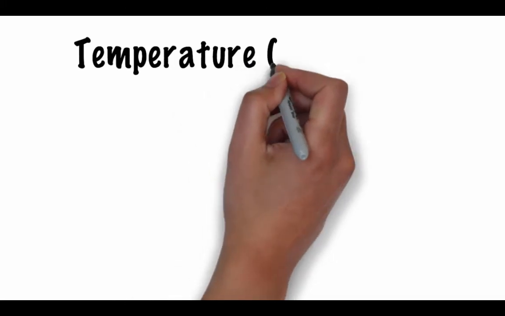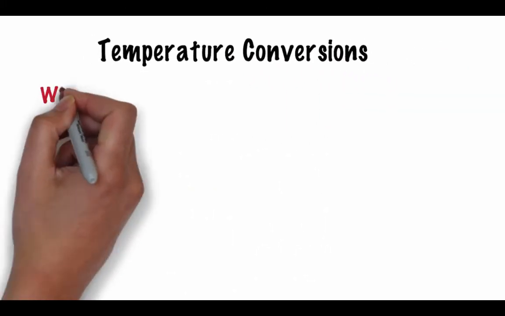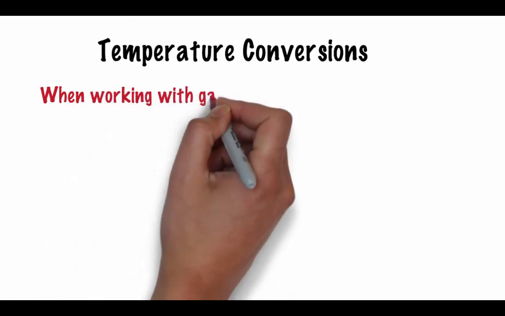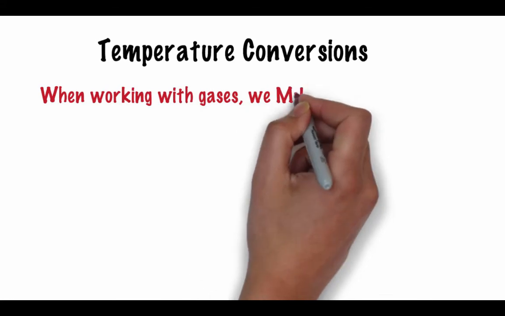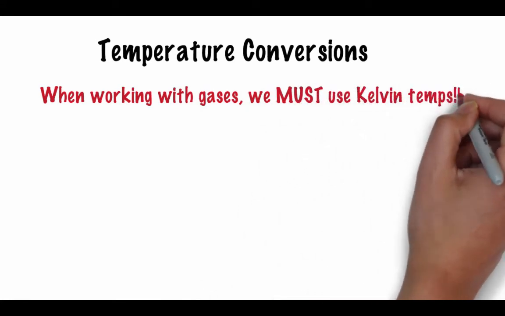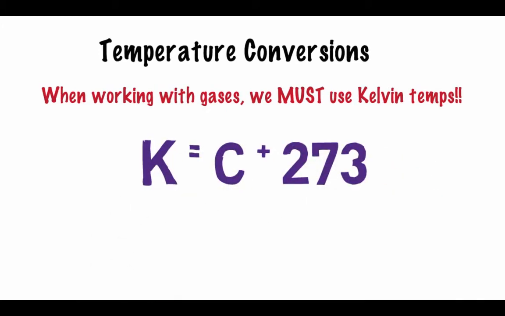Temperature is another conversion you'll have to deal with for gases. When dealing with gases, we have to use the Kelvin temperature because there are no negative numbers. Put this in your notebook: it must be Kelvin in gases. Kelvin equals Celsius plus 273.